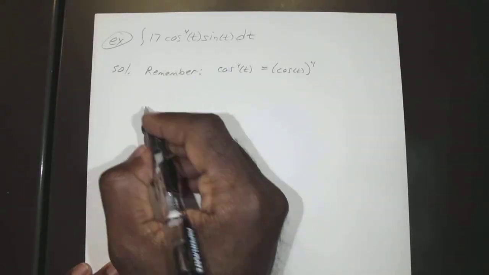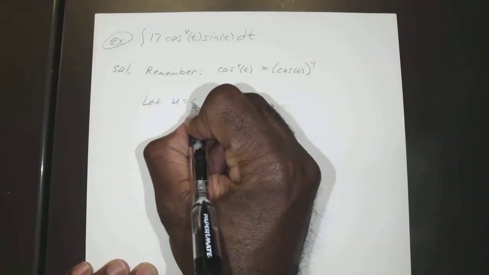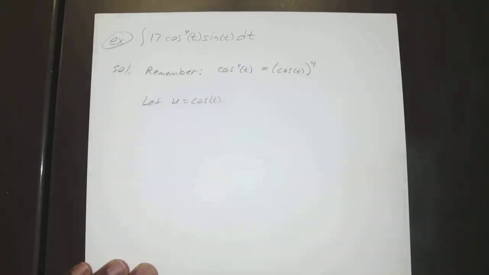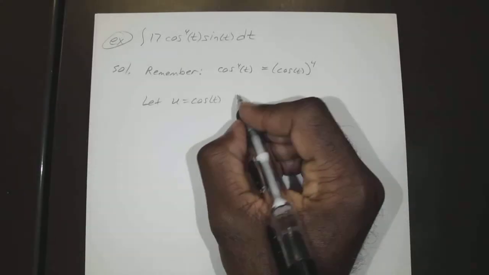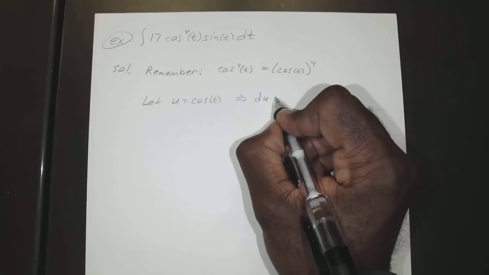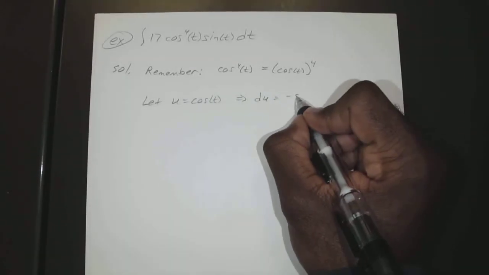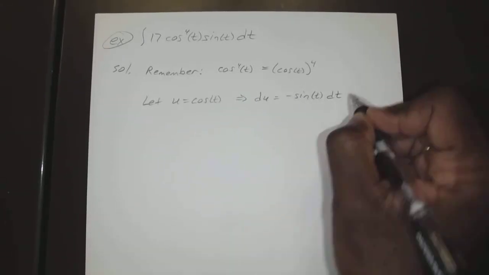So whenever you have this, we can let u equal cosine of t. Which means we can now have our derivative, du, equal negative sine of t with respect to t.